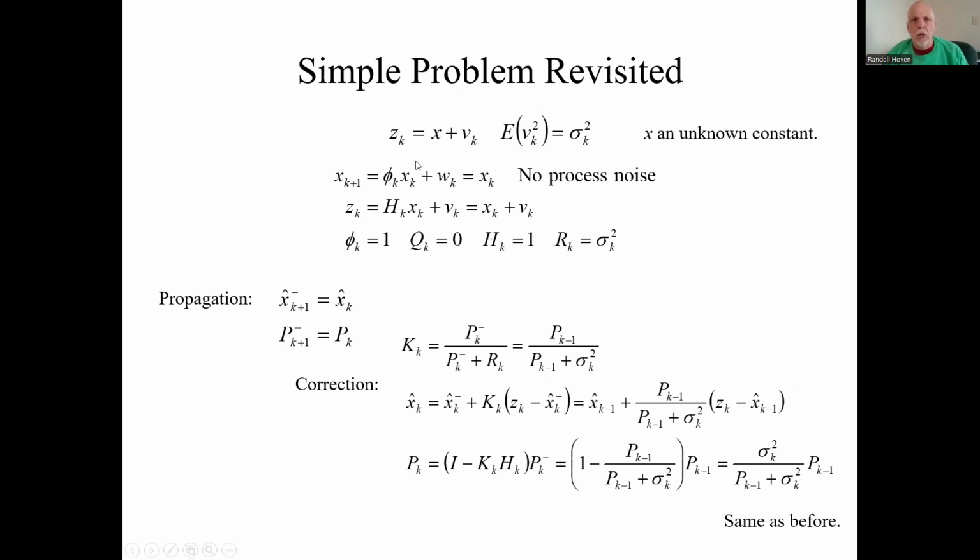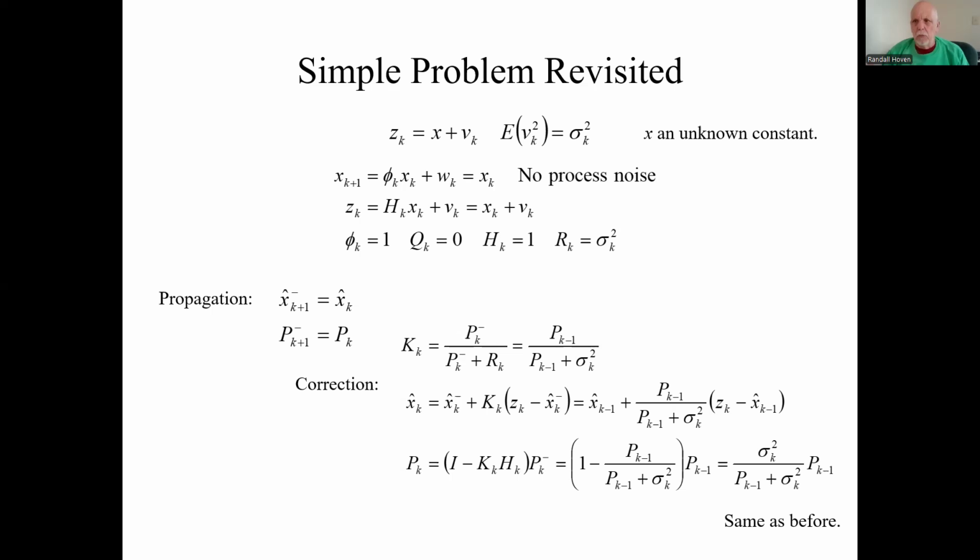Remember we did this problem at the start of this module. We have this unknown X. It could be random, but once it's drawn, it just stays constant. And then we take a whole bunch of measurements of it, every K time steps.